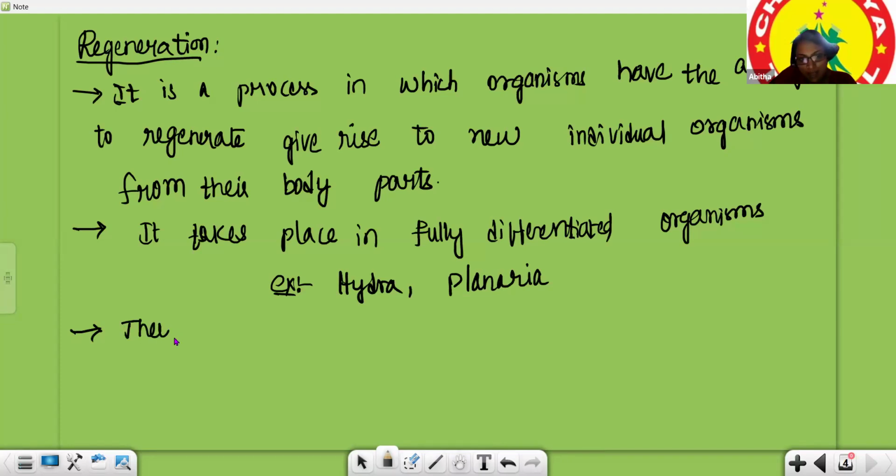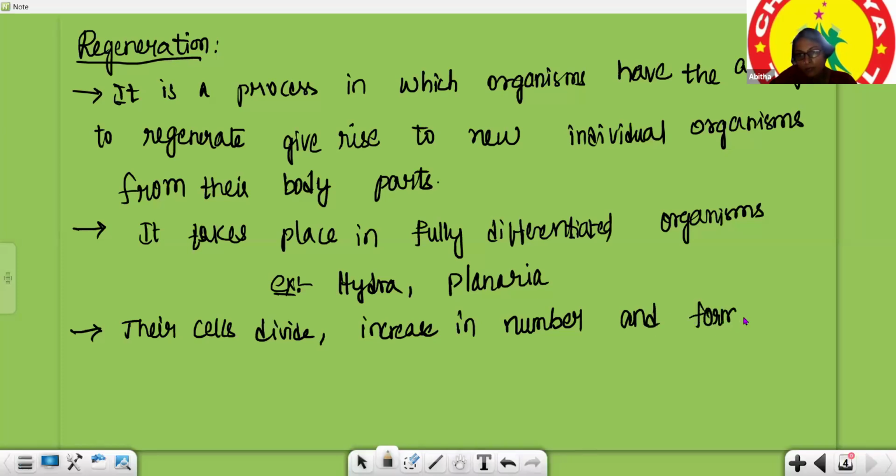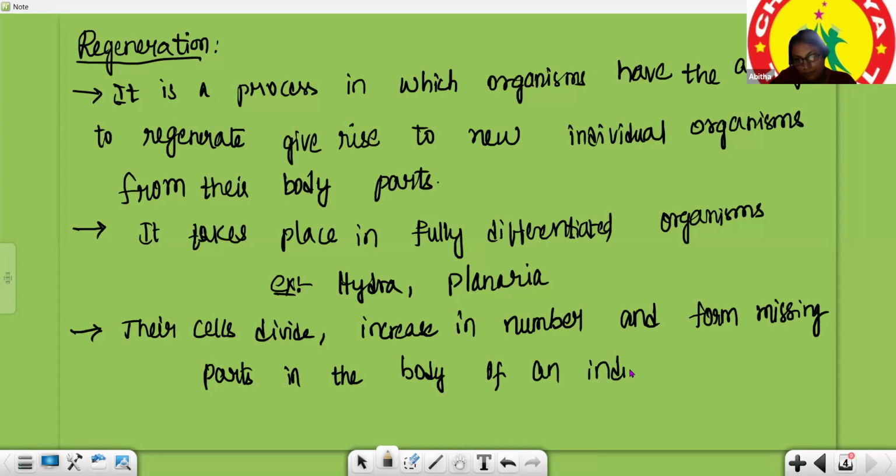Their cells divide, they increase in number and form the missing part in the body of an individual.